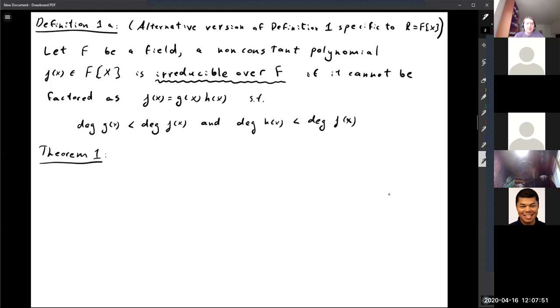But this cannot happen in the degrees 2 and 3 due to the following theorem. No, that's not theorem 1. It's theorem 2, right? Because we repeated the theorem from last time.